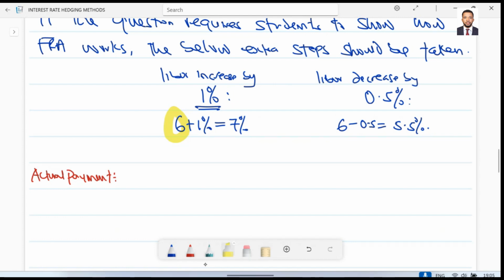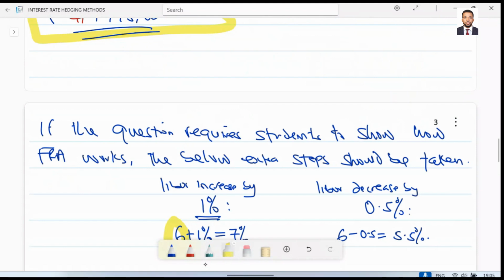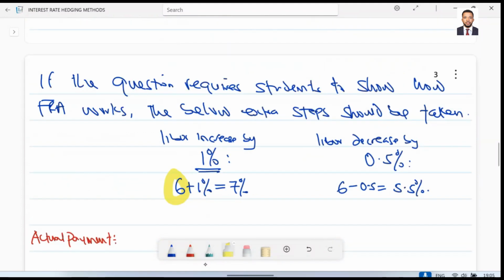Now, actual payment. Now, let me explain. Now, I've told us, if the question asks you to advise, that's where you stop.